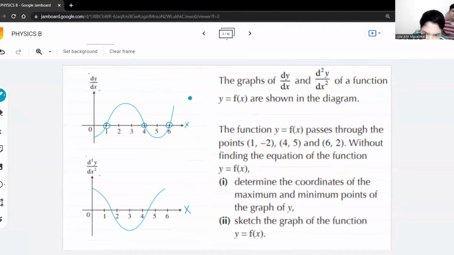Any stationary point of any function is where dy/dx is equal to 0. Those are the points at which the derivative of f(x) is 0, its stationary points.